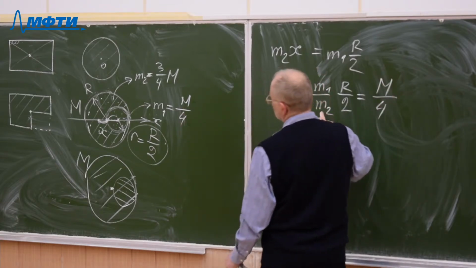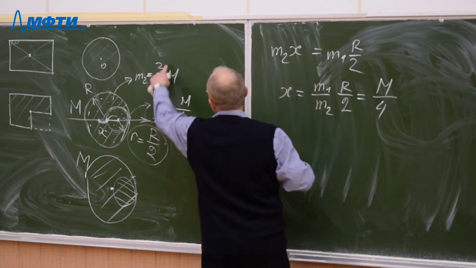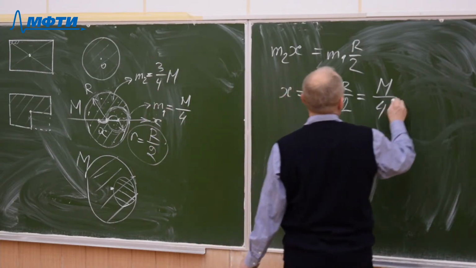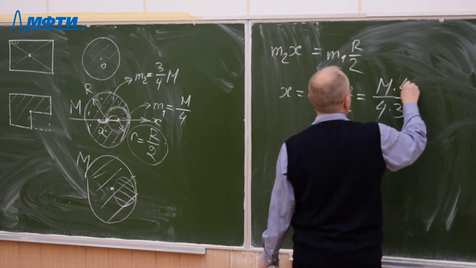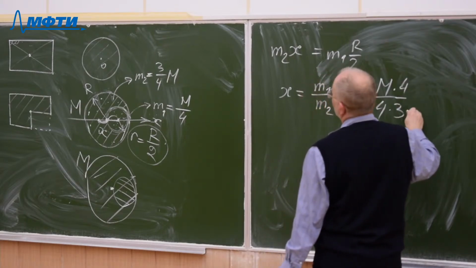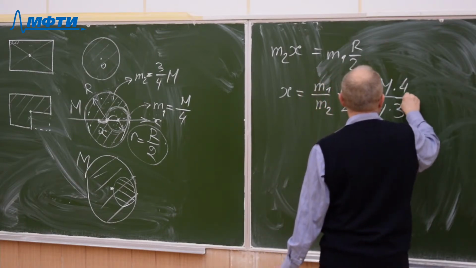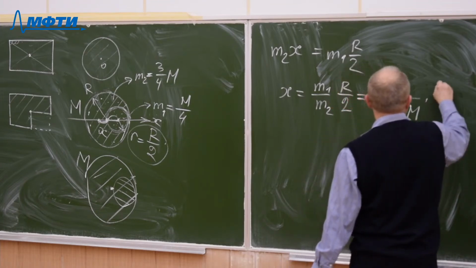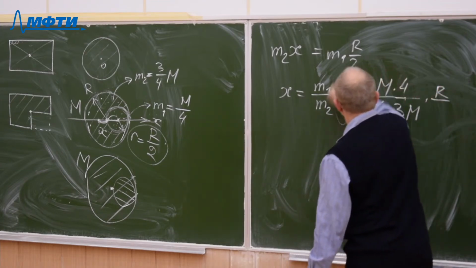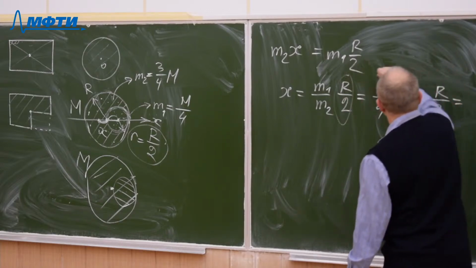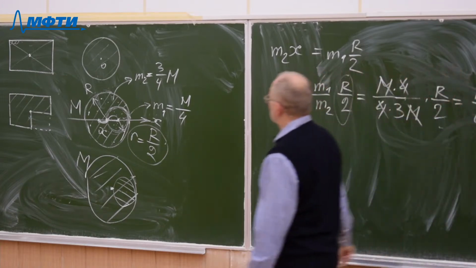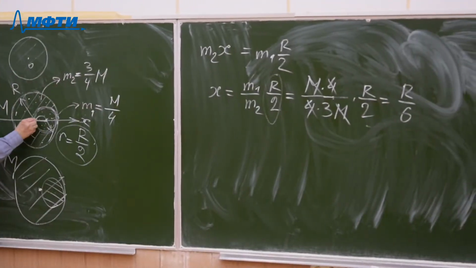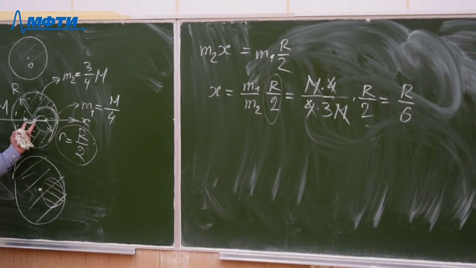And what is m2? Yes, we know this is 3 divided by 4 m. And we have not to forget about r/2. So what we get here is r/6. So this distance from the center of the large circle to the new position of the center of mass is just 1/6 part of the radius.